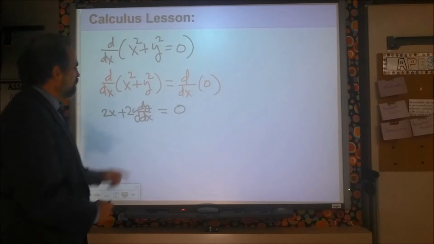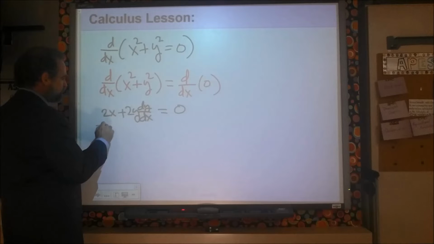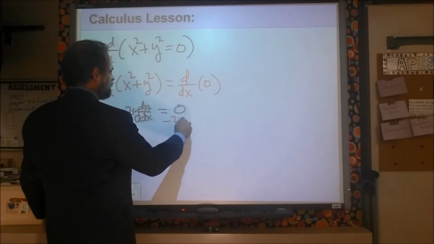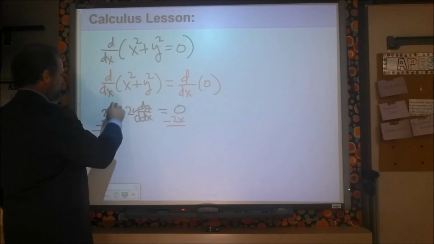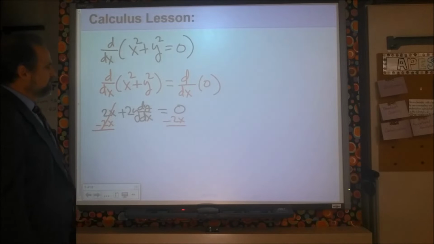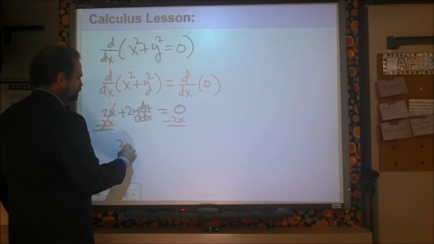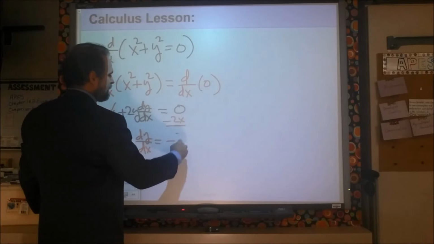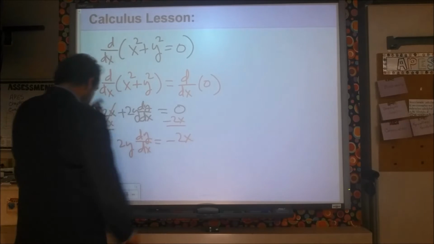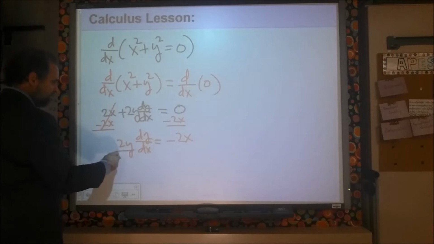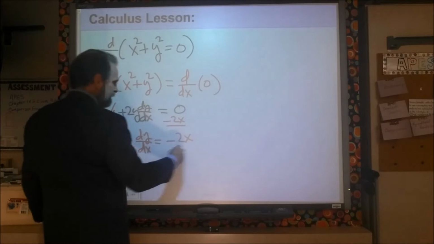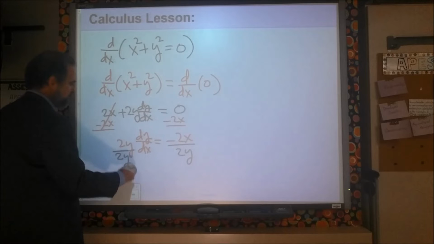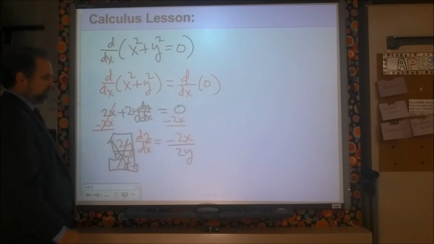Well, now I see I've got a dy dx here, but not here, so let's move it over, right? And I am left with 2y dy dx equals negative 2x, yes? And then I'm going to divide by the coefficient of dy dx because I want to have just one dy dx equals whatever.